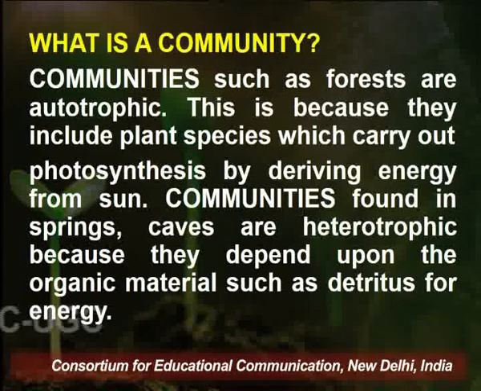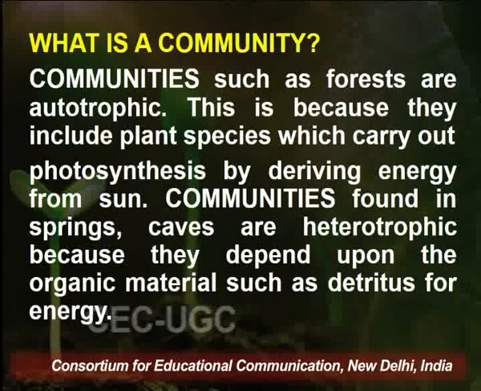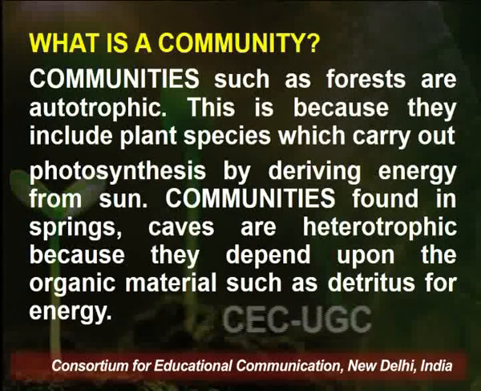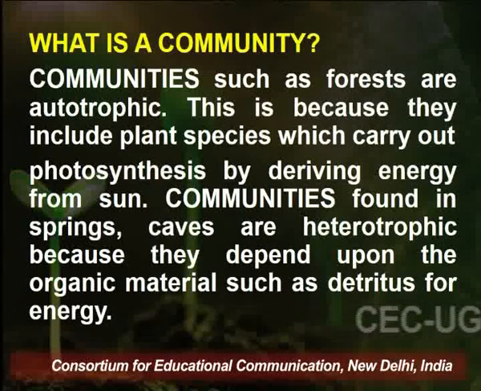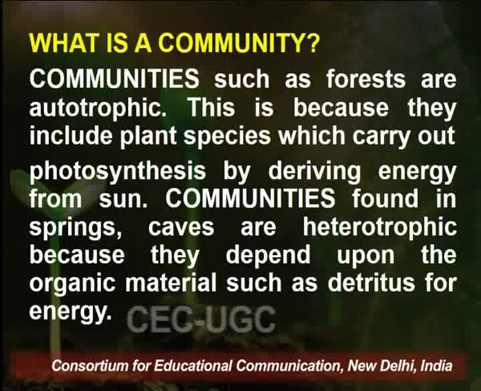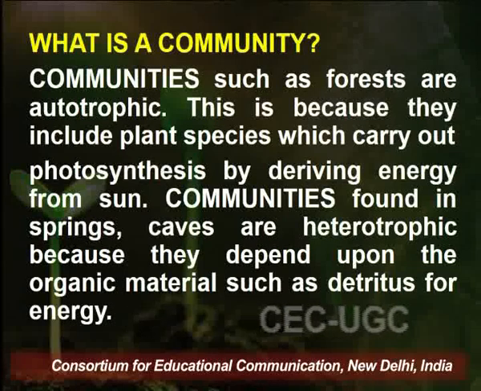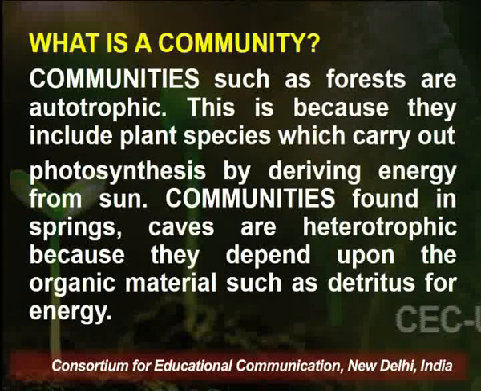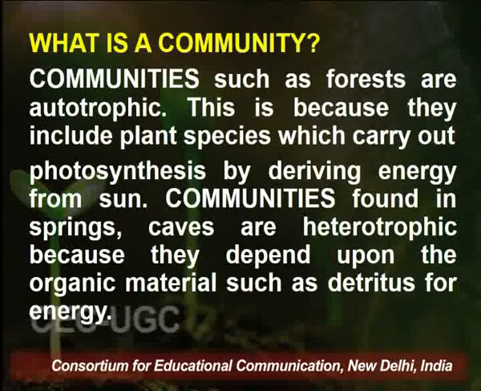This is because they include plant species which carry out photosynthesis by deriving energy from the sun. The communities found in springs and caves are heterotrophic. Why? As they depend on organic material such as detritus for energy.